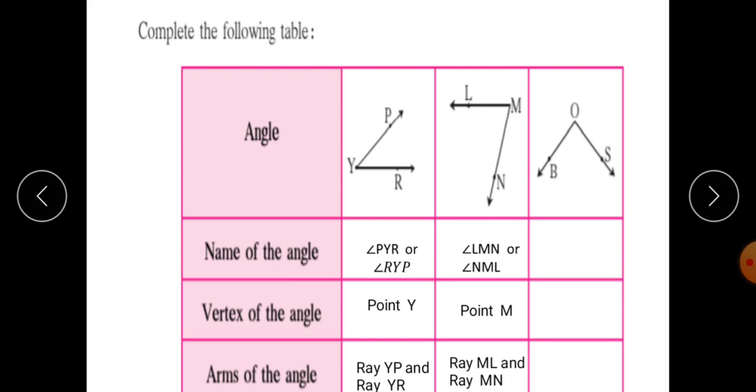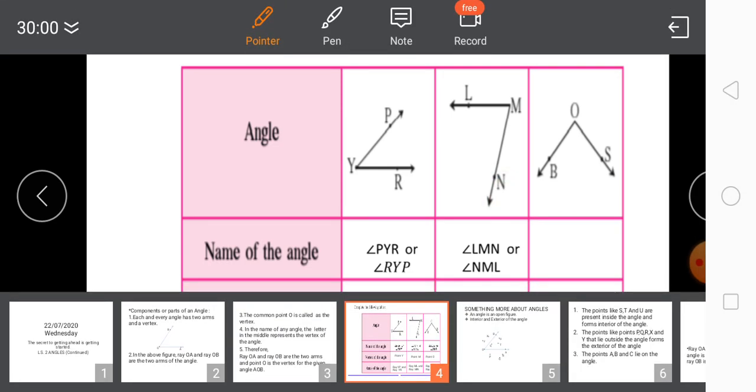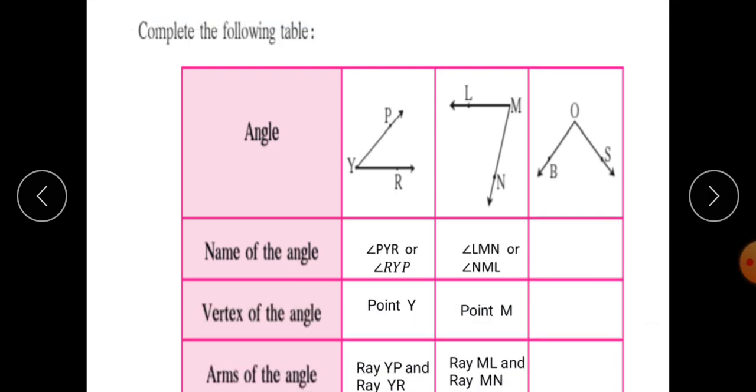In the second figure, we can write the name as angle LMN, or the same angle as angle NML. Here the common point is M, and therefore the vertex of this angle is point M. And ray MN and ray ML are the two arms of the angle.